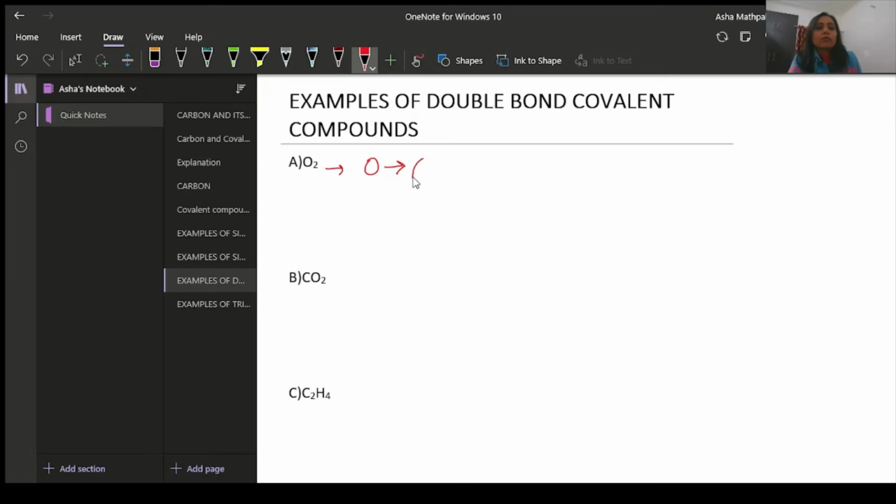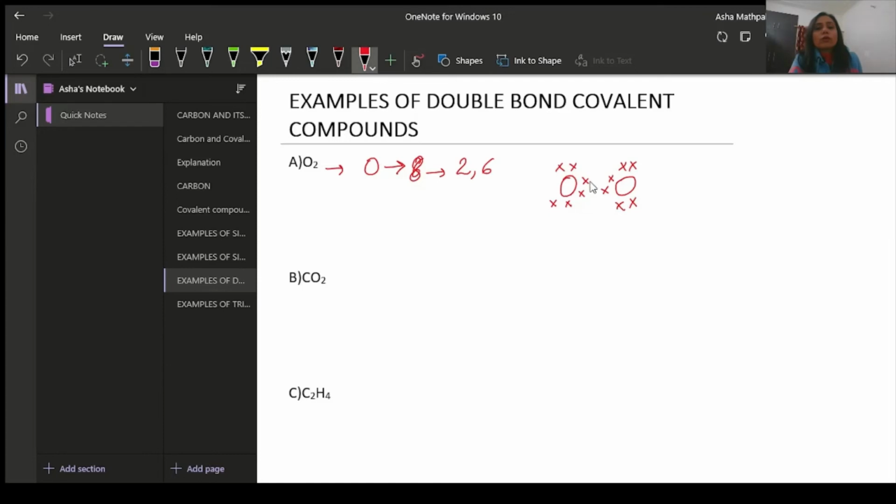Atomic number of oxygen is 8, so its electronic configuration is 2, 6. Now this is one oxygen atom, this is another oxygen atom. Draw the valency around it, 1, 2, 3, 4, 5, 6, and 1, 2, 3, 4, 5, 6.